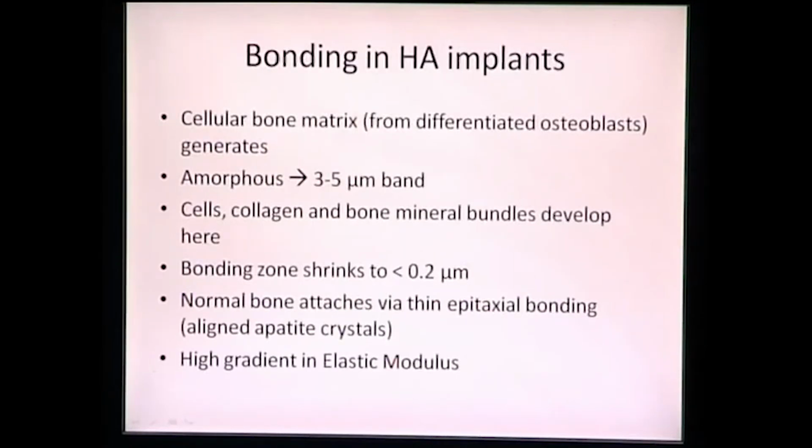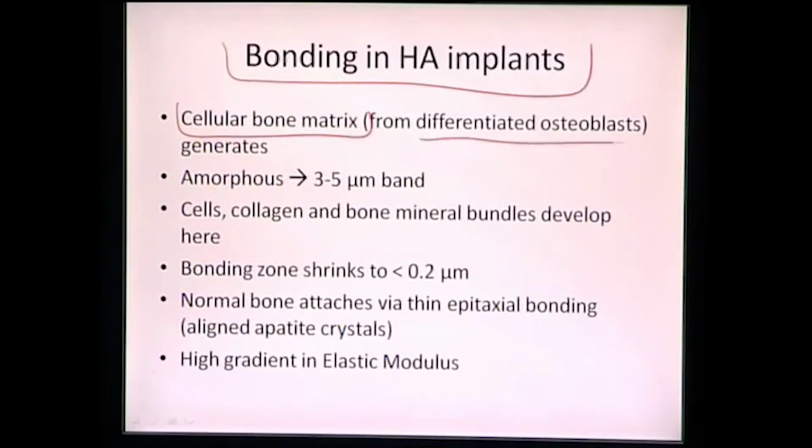And again, what happens in the bonding with hydroxyapatite implants is that cellular bone matrix starts generating by the differentiation of the osteoblasts, and it forms an amorphous band between the cellular bone matrix and the implant.